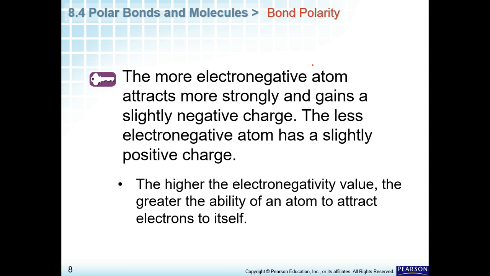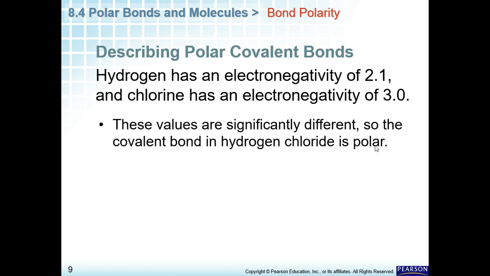Now, because we have electronegativity differences, this is going to affect the charge slightly. The more electronegative atom is going to have those electrons closer to it, so it gets a slight negative charge, whereas the other atom does not want those electrons as much, so they're farther away from it. It actually gets a slight positive charge. The higher the electronegativity value, the more those electrons are going to want to be by it.